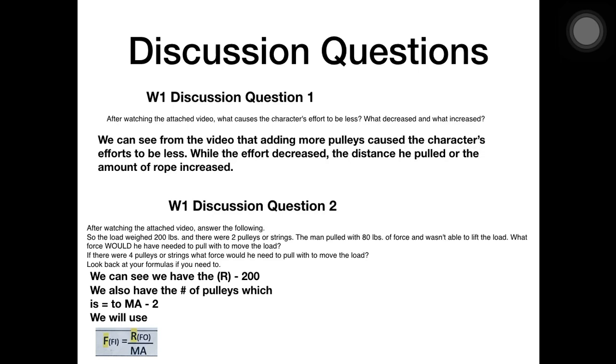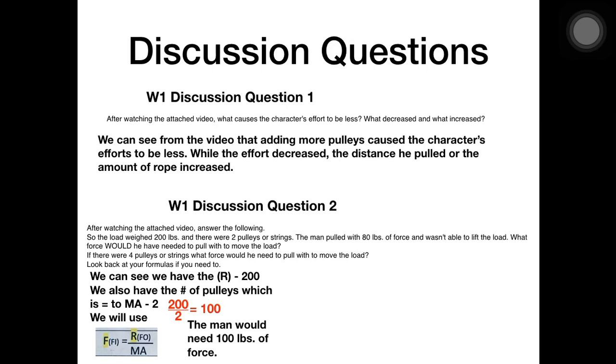So when we divide the weight of the object by the mechanical advantage, that gives us the amount of force he needed to put in. So R equaled 200, mechanical advantage equaled 2, so 200 divided by 2 gives us 100. The man would need 100 pounds of force in order to move the weight.